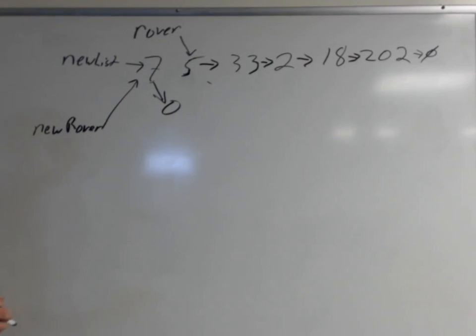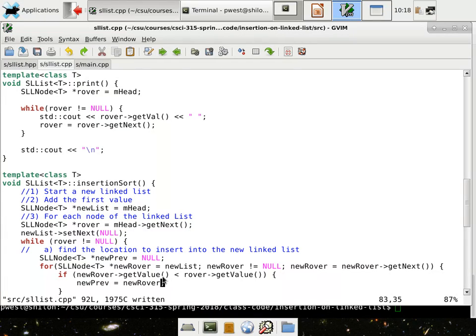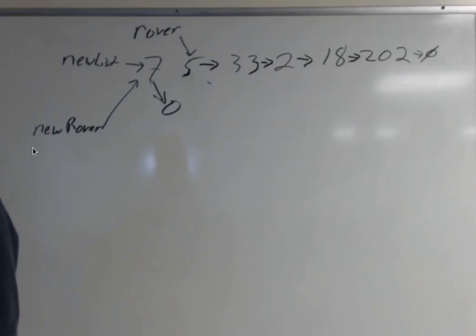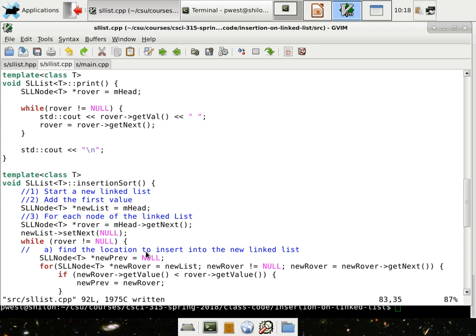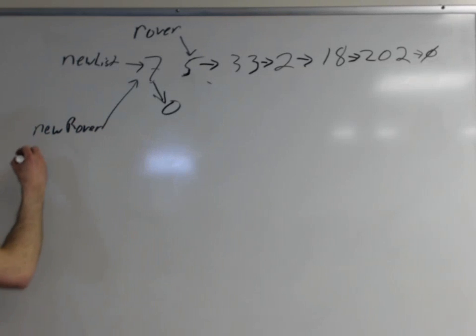Start at the 7, right? We good? So new rover starting at the 7. That's what this code is. New prev is going to be null. Notice new rover starts at the new list. New rover starts at the new list, which is the 7. And new prev is going to start at null. Okay, great.